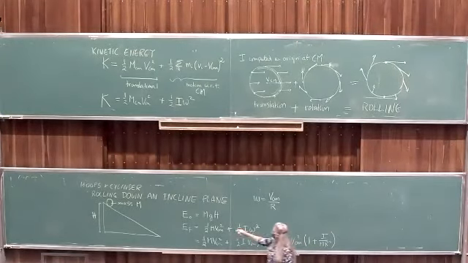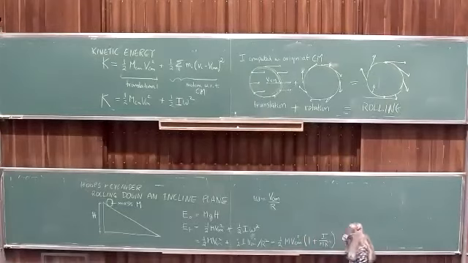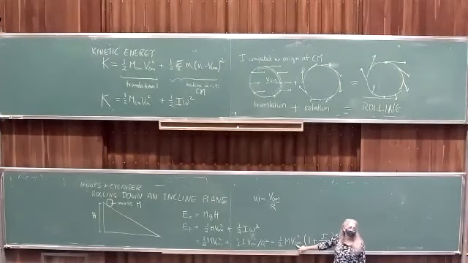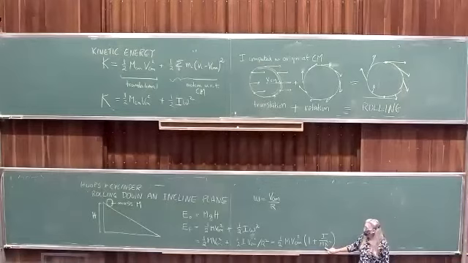So we can cancel these m's off if we want to, but given h, we can solve for the velocity of the center of mass. And all it depends on is the moment of inertia divided by m r squared.